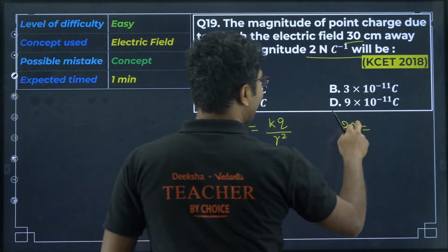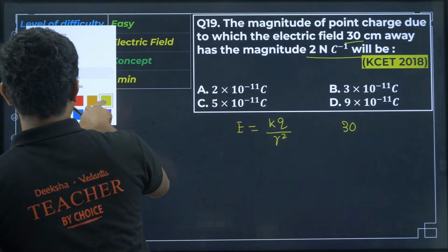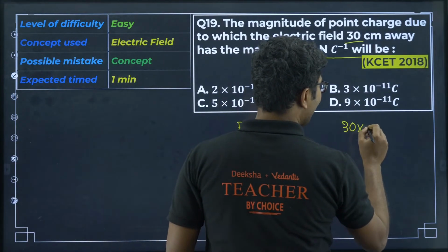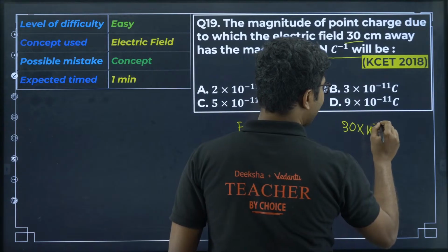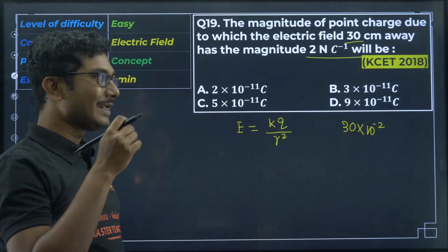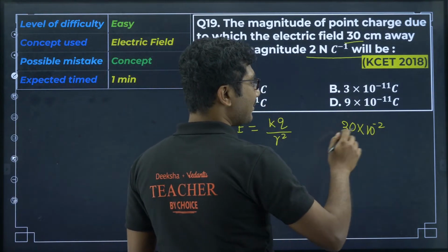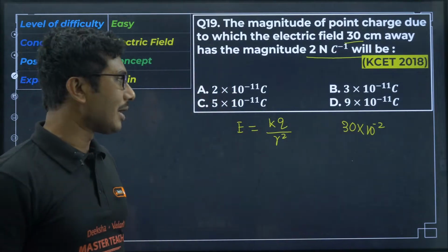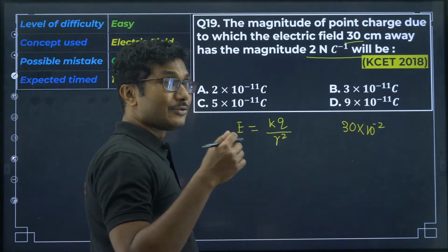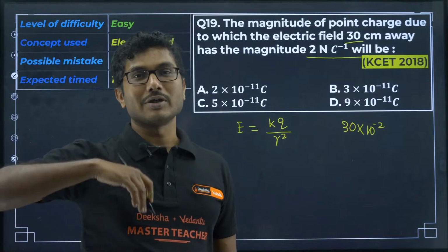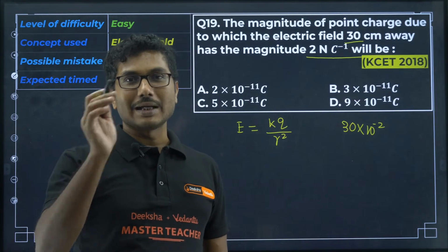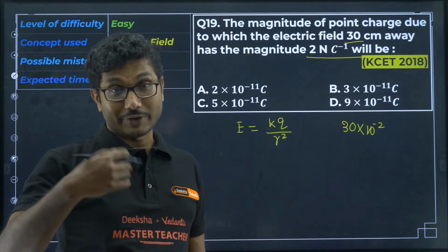Now, let me know how you are comfortable with this. Are you comfortable with putting decimals, or are you comfortable with doing it like this? I prefer to do it like this because I am very comfortable with powers of 10. When I used to solve using decimals, I was always confused where I have to put the zeros when I was a student.